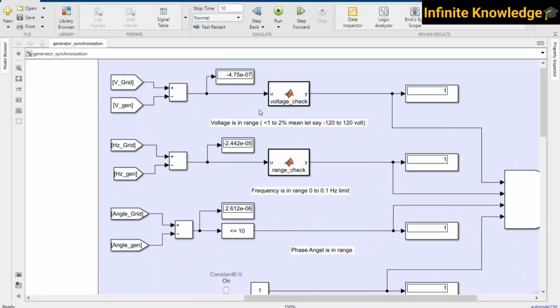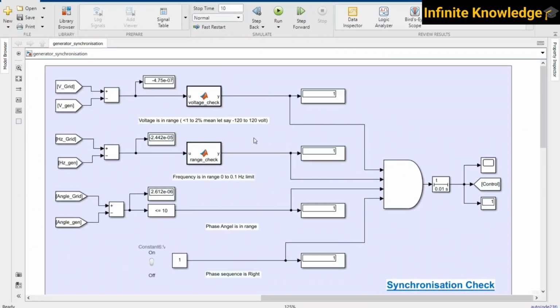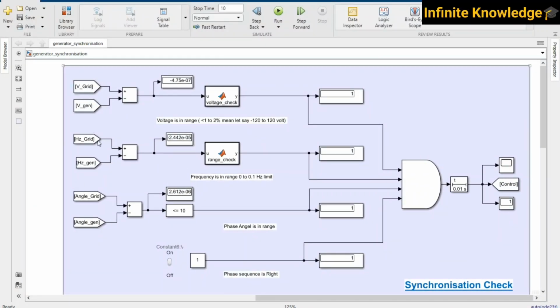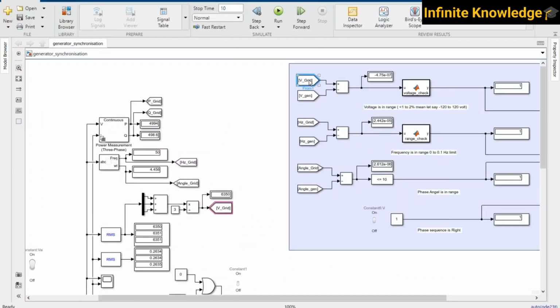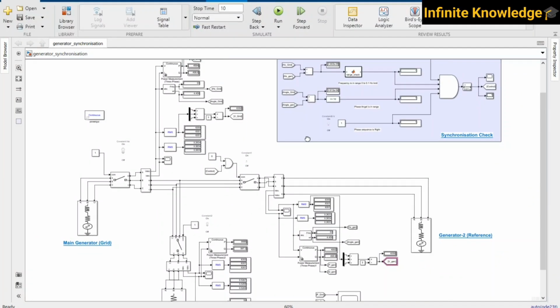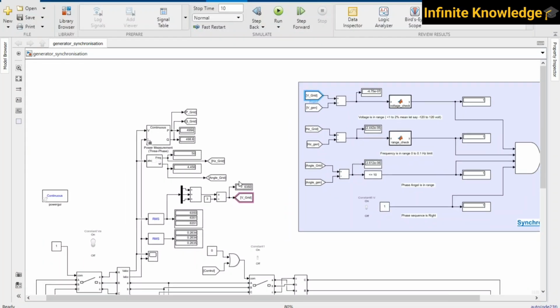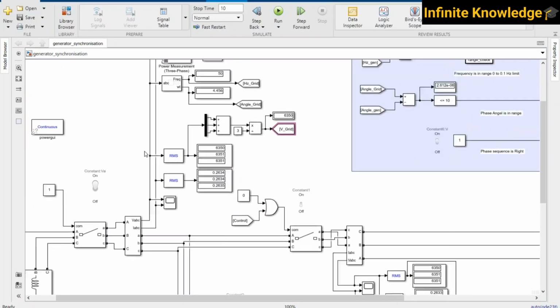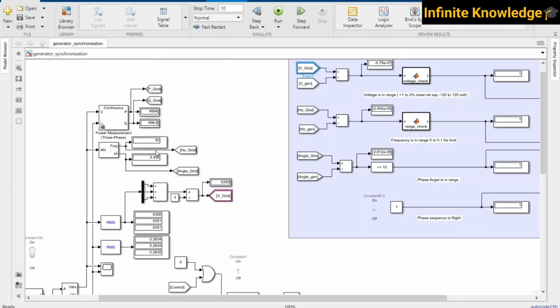Less than 2 percentage variation is okay, but more than that will cause issues. We are taking the voltage from the grid and the voltage from the generator from here. Here we are measuring the voltage, and this is the frequency. Here we are measuring the frequency and the angle, and here we are measuring the actual power.